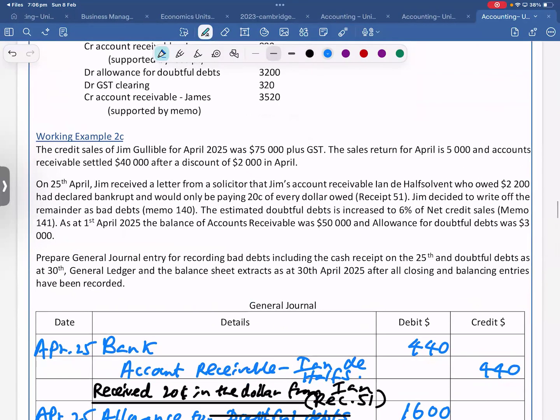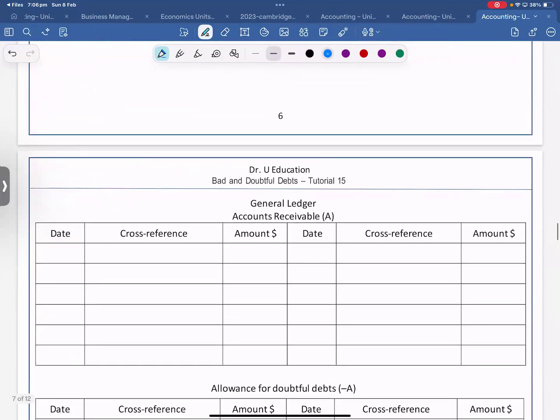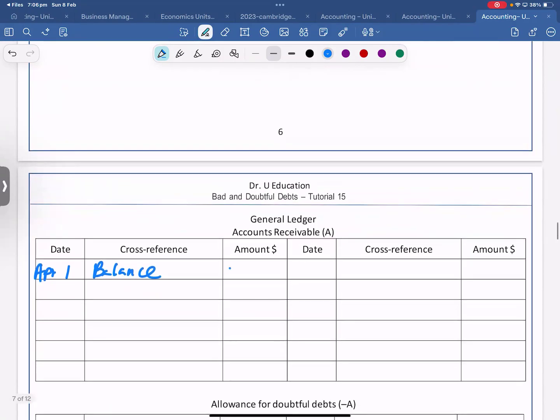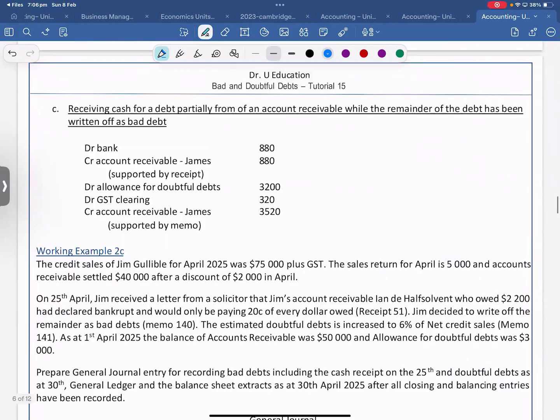What's the opening balance? 50,000. April 1st. Balance 50,000.